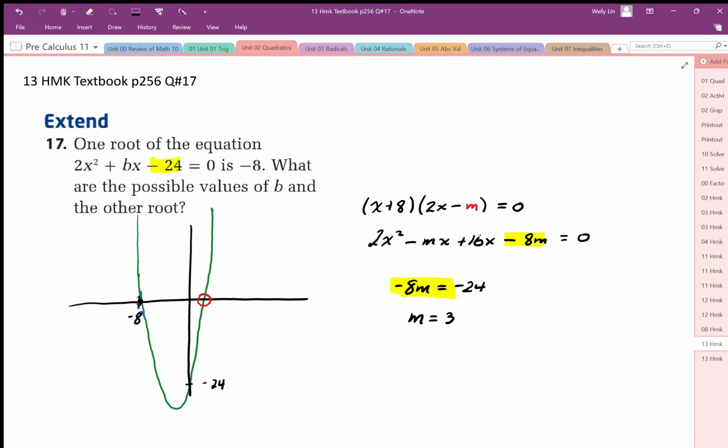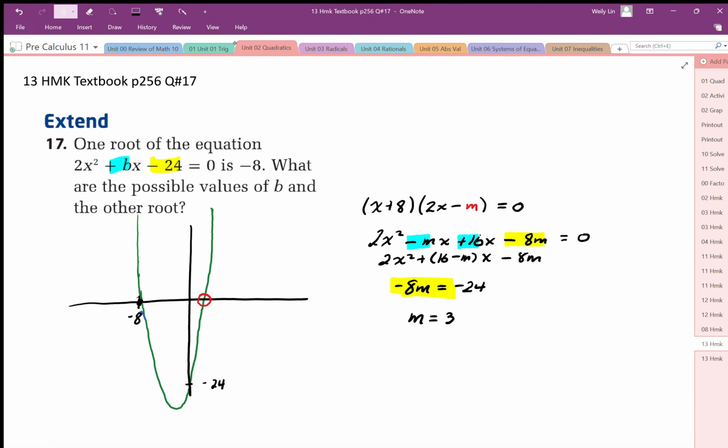Now, if m equals 3, we can equate the coefficient on x with the b. If I group this a little bit better, I'm going to end up with 2x squared, plus 16 minus m, x, minus 8m, which I know is 24.